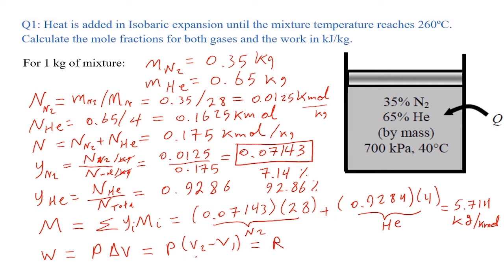So P delta V will equal R delta T. In this case, we don't know the gas constant for the mixture, so we use the universal gas constant divided by the molar mass of the mixture. We don't have to convert from degrees Celsius to Kelvin. We can use the degrees Celsius values directly. So the work done is 320 kilojoule per kilogram.